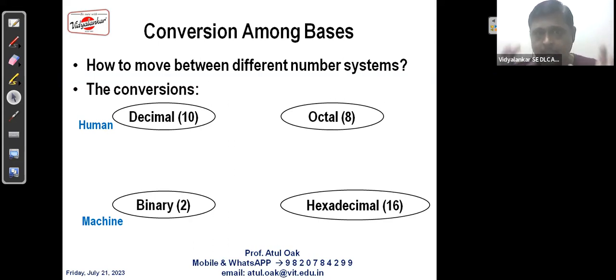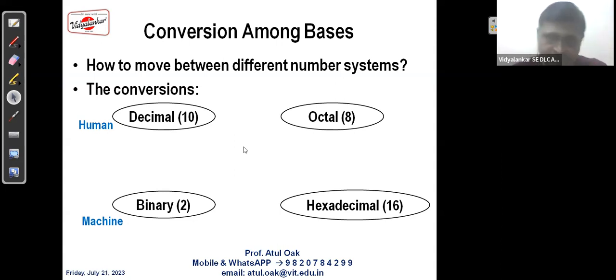Now the question is how my data which is in decimal will go in binary. How my data in binary will go in decimal? For that, we must understand conversions.